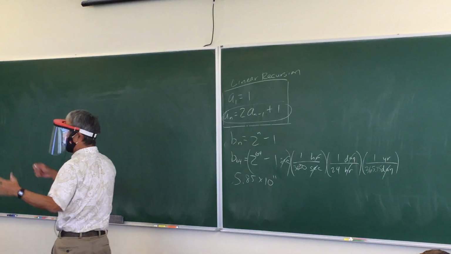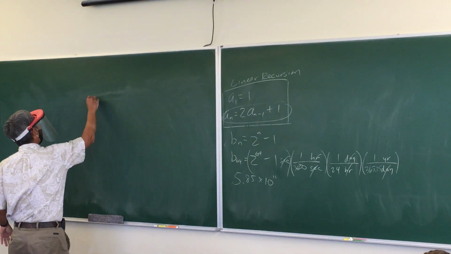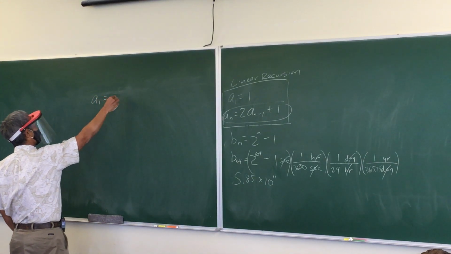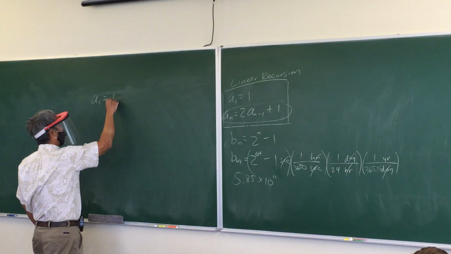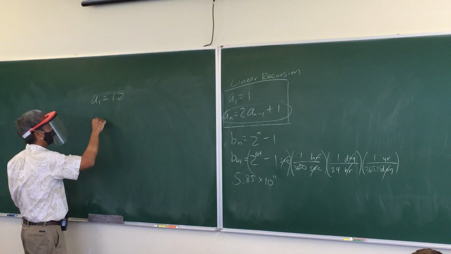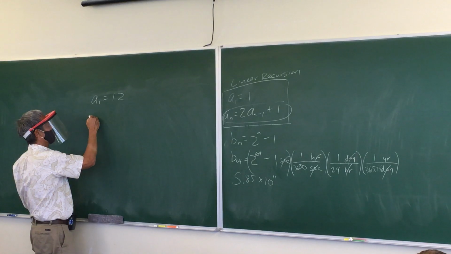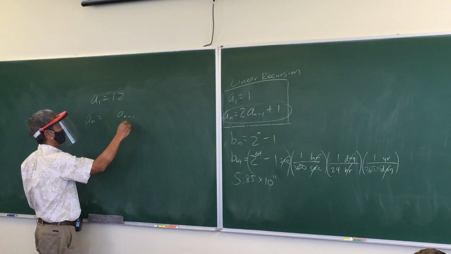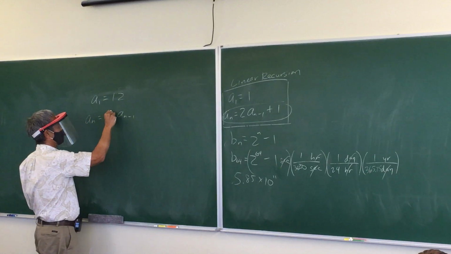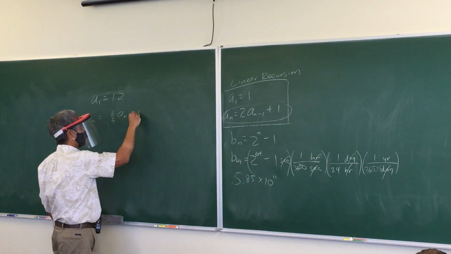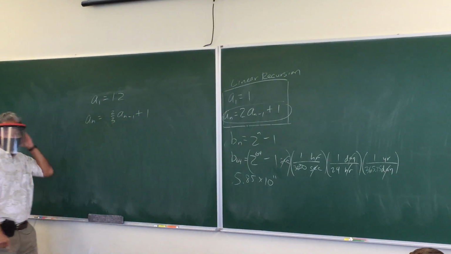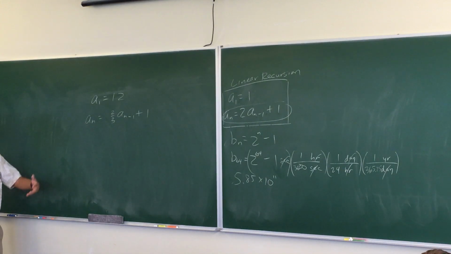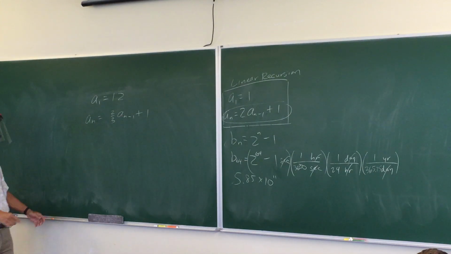Okay, so let me do one similar to that. Let's say the first term is equal to 12. To get any term in the sequence, you take the previous term and let's say multiply it by 2/3 and then add 1. Okay, let's write out the first few terms just to get a feel of it.